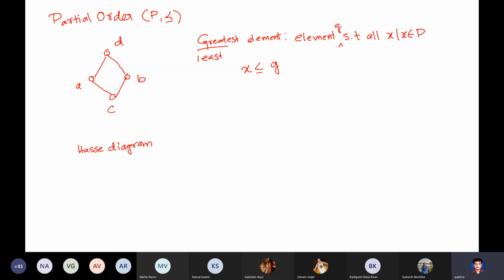So in this partially ordered set, this is the greatest element, and similarly this is the least element.